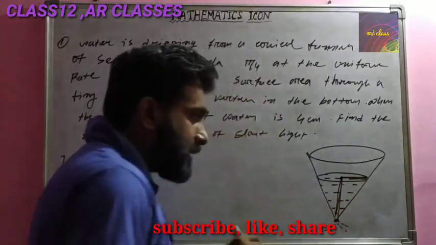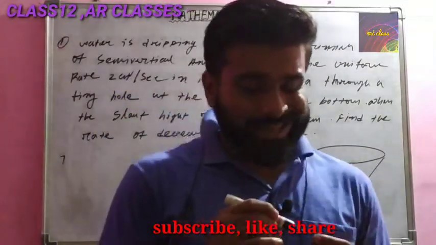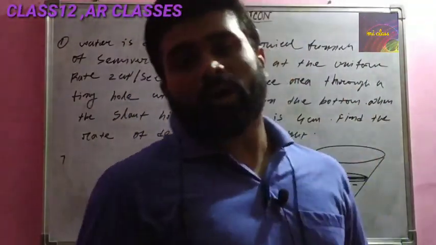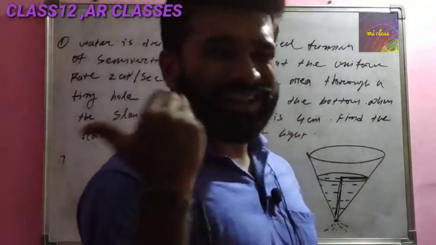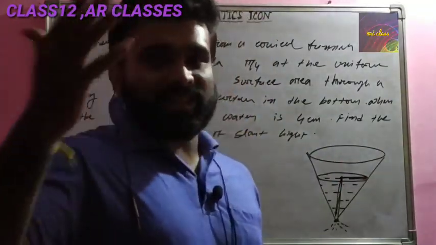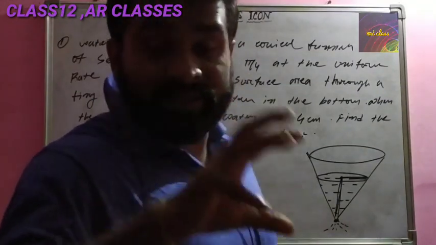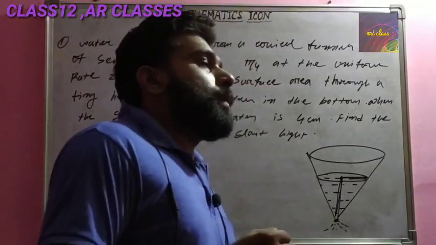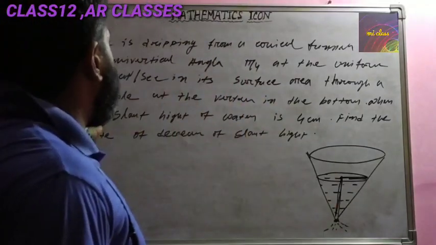This water surface looks like a circle, and the whole surface area of this water quantity covered in the conical funnel will be in the shape of a cone, because this is a cone-type container.